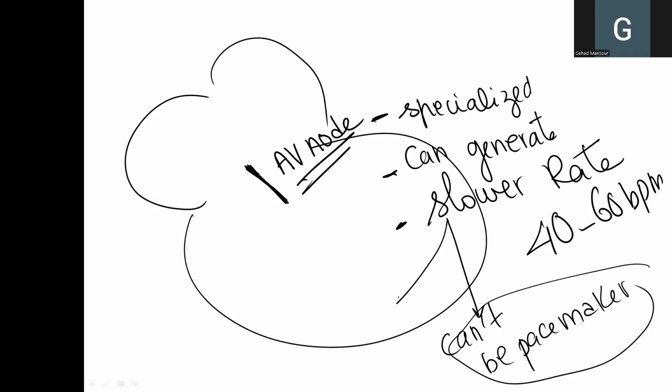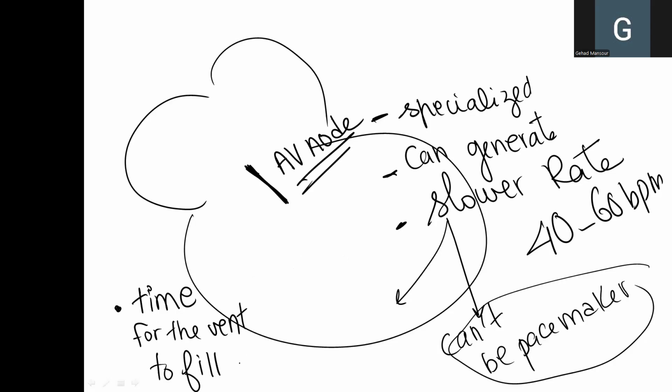But it's an advantage because this lower rate allows what? It allows many benefits. The first benefit is that it allows time for the ventricles to fill with blood, and this is important for efficient contraction. If they don't fill with blood, they wouldn't contract efficiently.